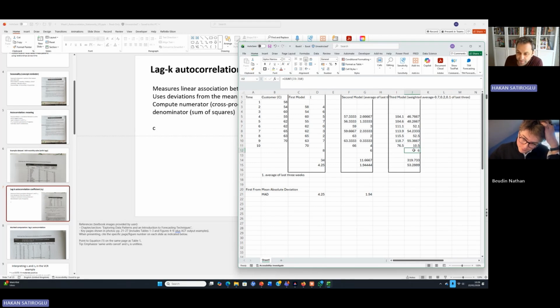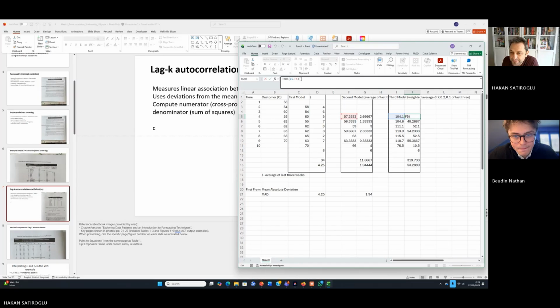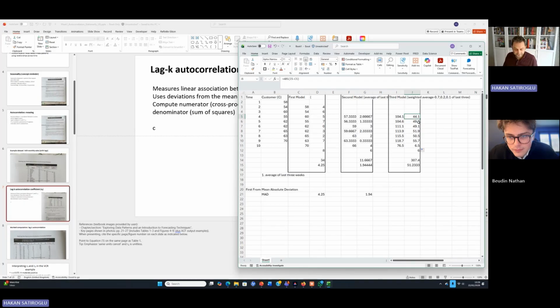So the deviation is coming really big, it seems, but probably I made something wrong here. Okay, that's what's happening. Wow, this is interesting.